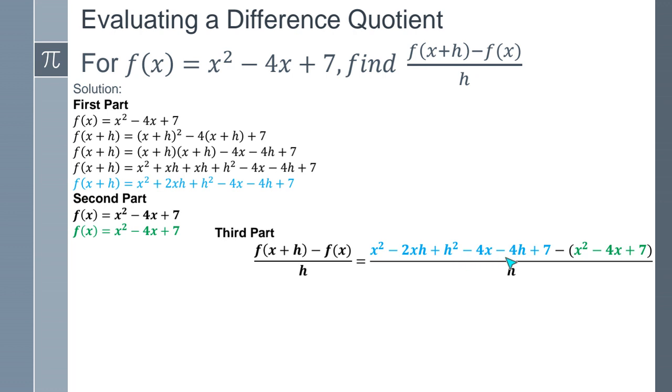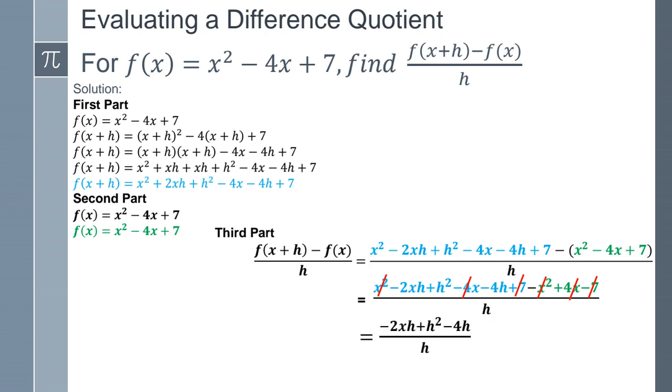So we're going to distribute that negative. So negative x squared, negative negative 4x is positive 4x, and minus 7. Cancel out any like terms. So those terms cancel, and what we have left is 2xh plus h squared minus 4h divided by h.